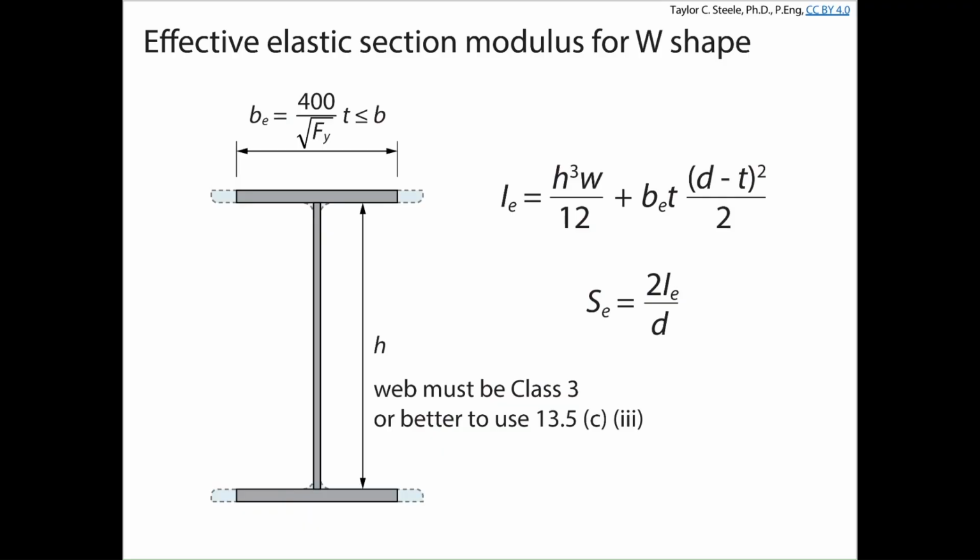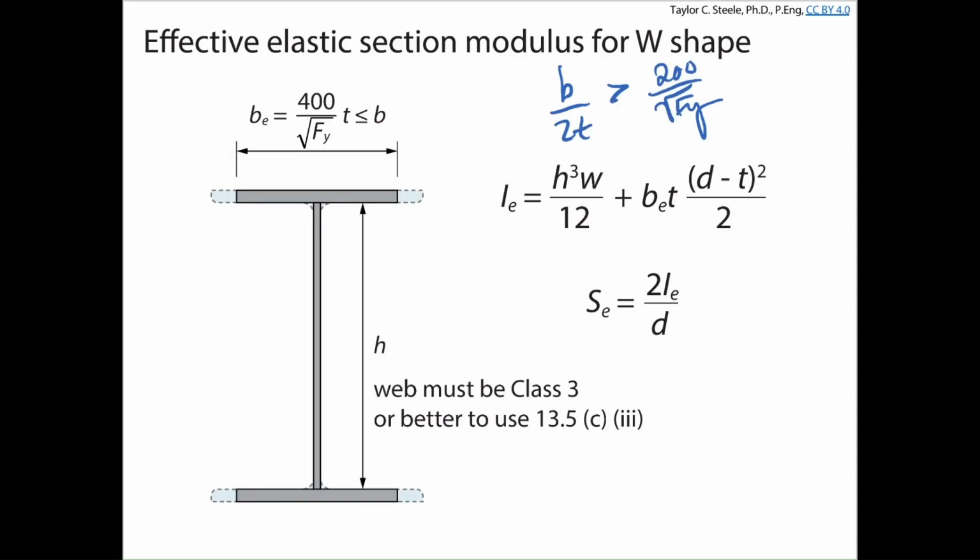We're going to focus on, in this course, situations where the flange might not meet the class 3 requirements. So if B over 2T for the flange is greater than 200 over the square root of Fy, just like we did for compression members, we're going to calculate an effective flange width.